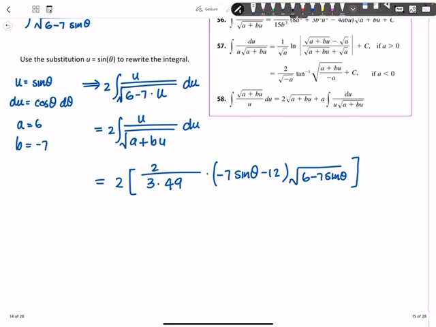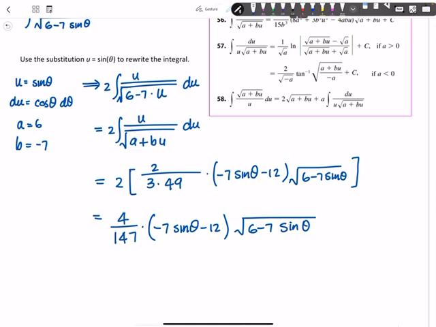And I'm going to just simplify this just a little bit. This will give 4 over 147 times negative 7 sine theta minus 12 times the square root of 6 minus 7 times sine theta plus c.